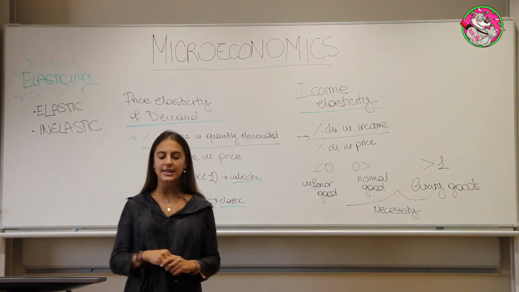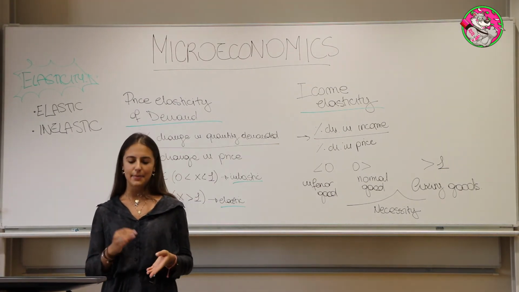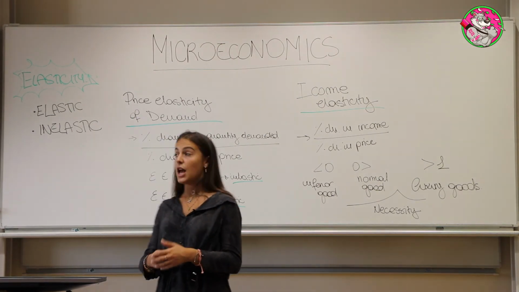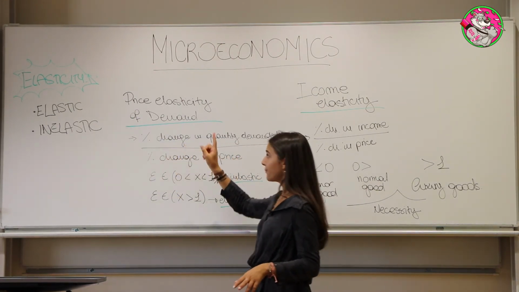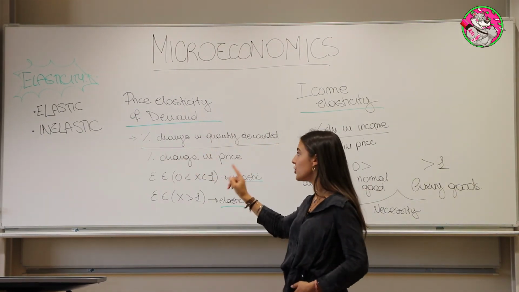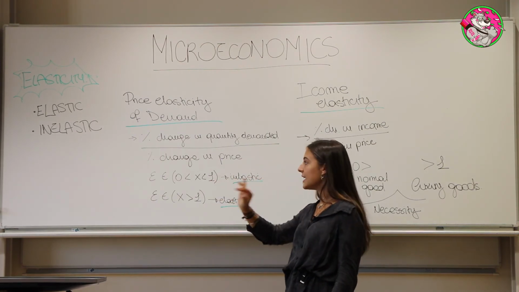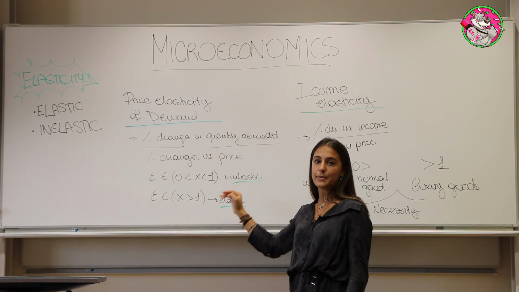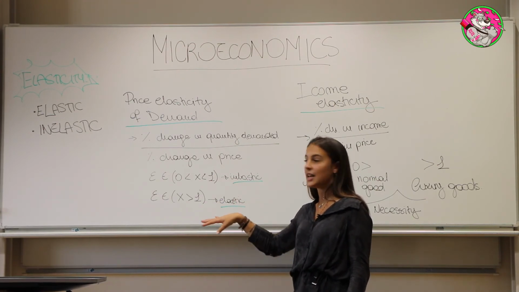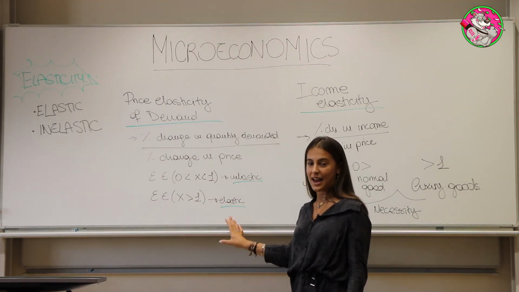We can see the price elasticity of demand, and this measures the sensitivity of the quantity demanded to price. So it's the percentage change in quantity demanded over the percentage change in price. If the measurement is between 0 and 1, it means that the good is inelastic, while if the measurement is a number more than 1, it means that it is elastic.